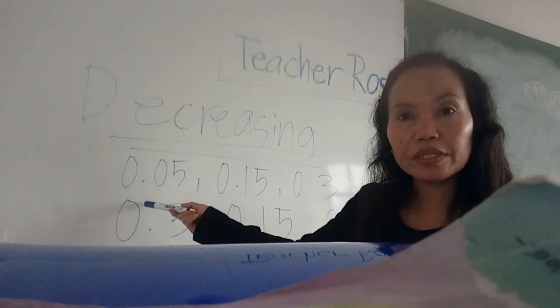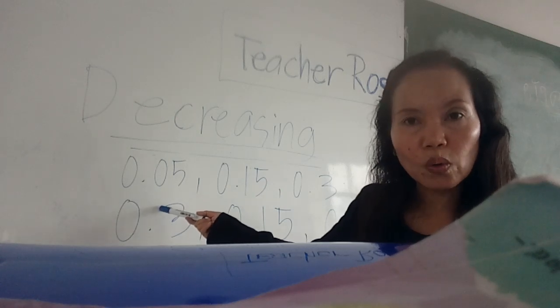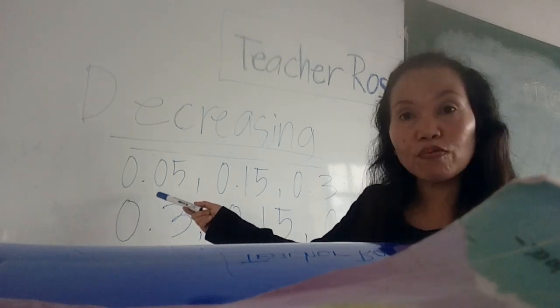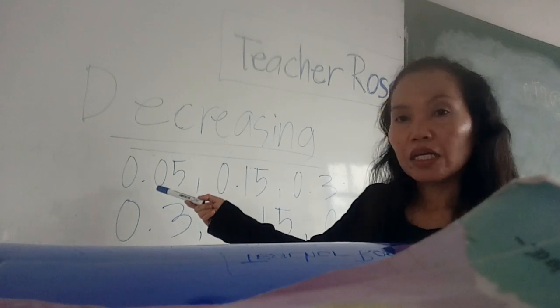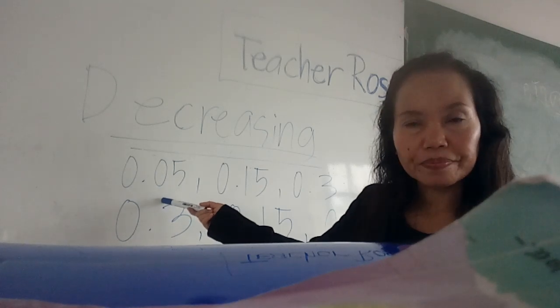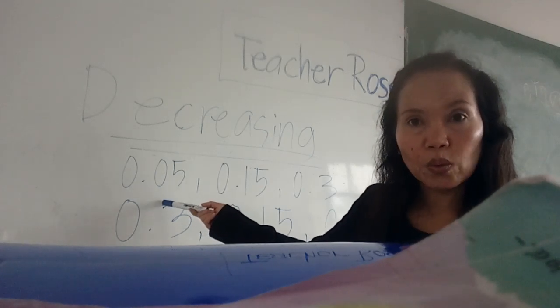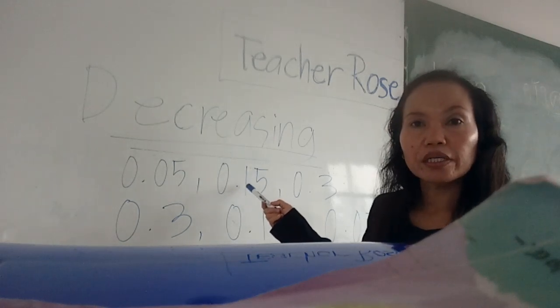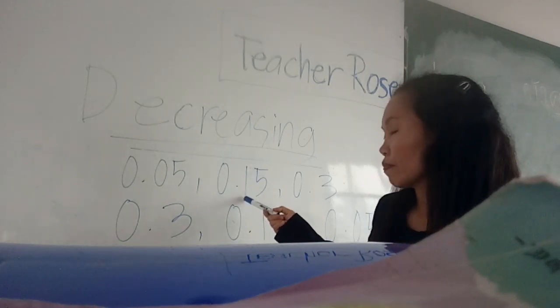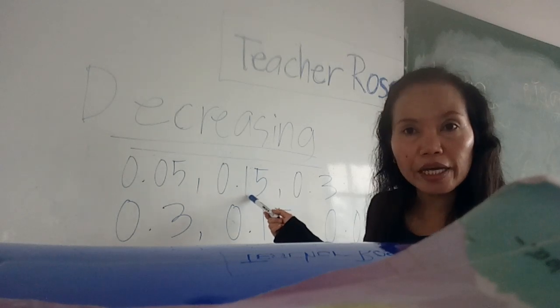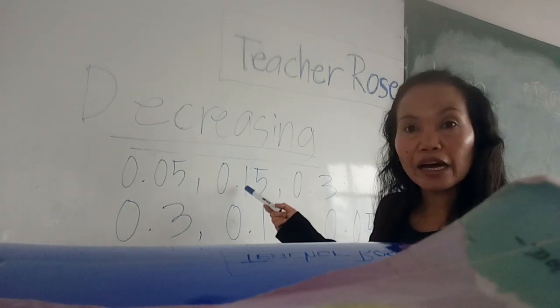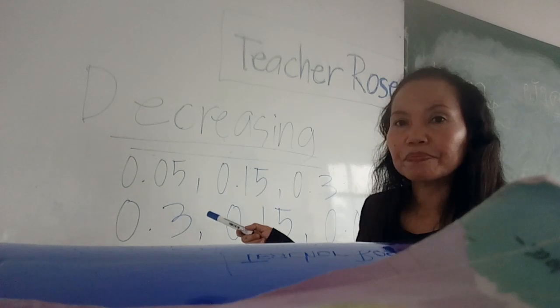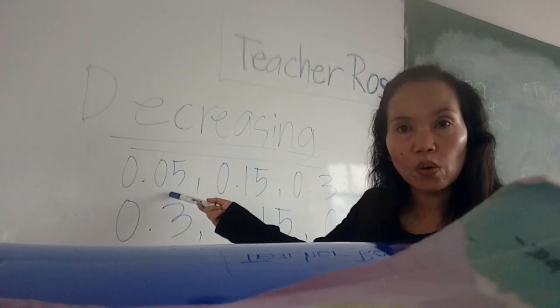The number after the decimal point is 0. Right? So of course, naturally, this is smallest, because this is 0. And another one. What is the number after the decimal point? It's 1, right? So, naturally, 1 is bigger than 0.